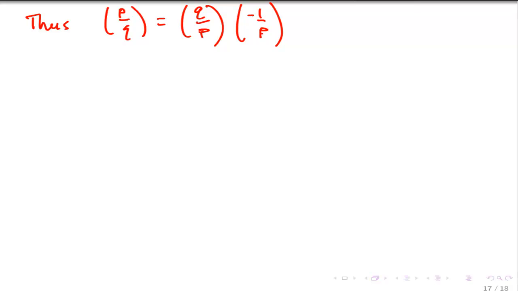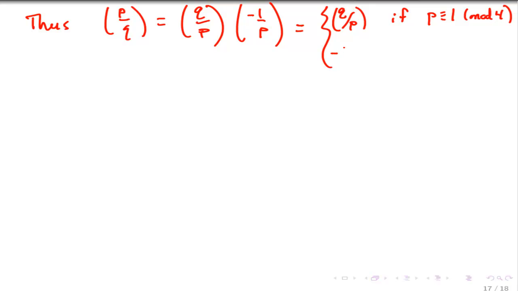This quantity is plus 1 or negative 1. So this would be Q over P if P is 1 mod 4. And remember, I'm assuming P is congruent to Q, so that would mean both P and Q are 1 mod 4.